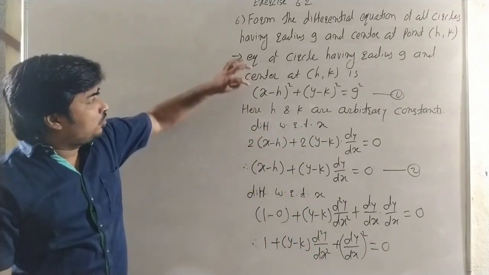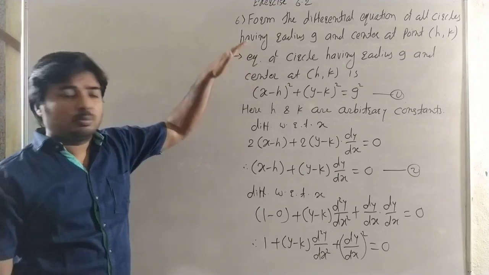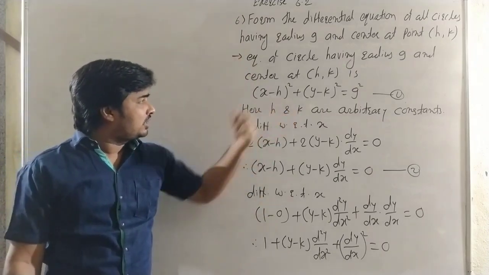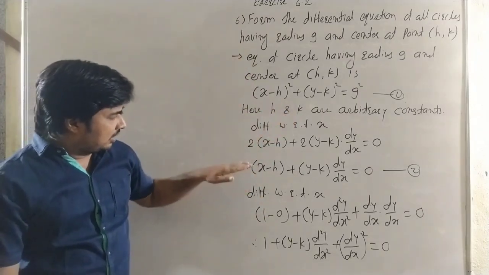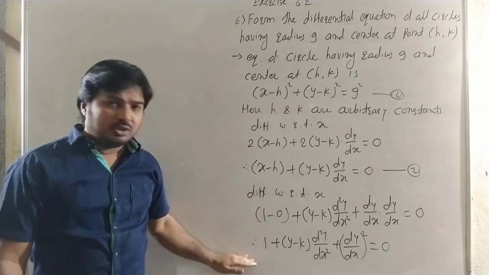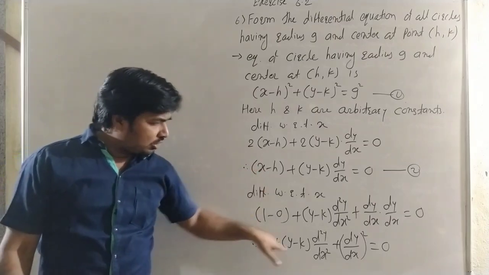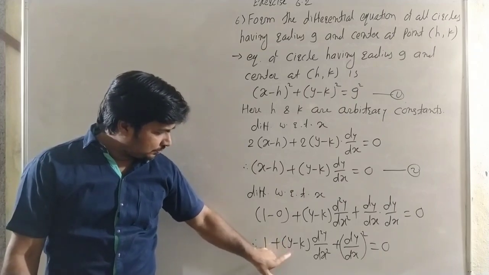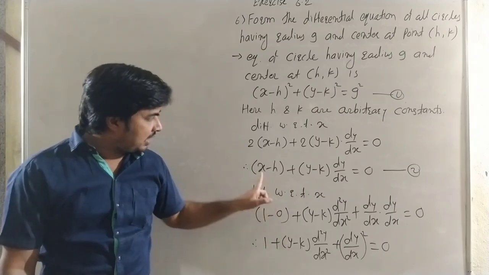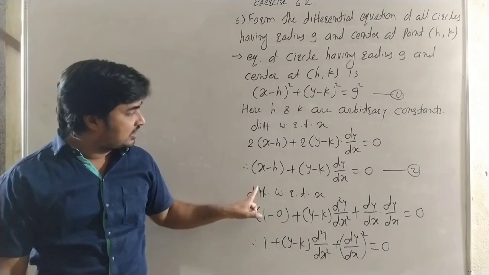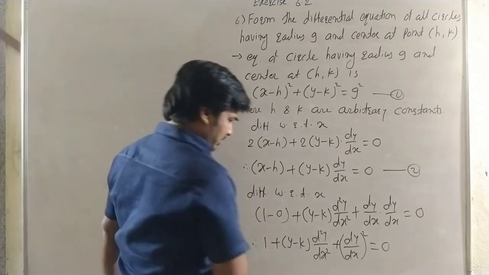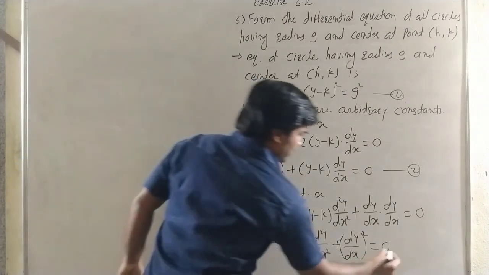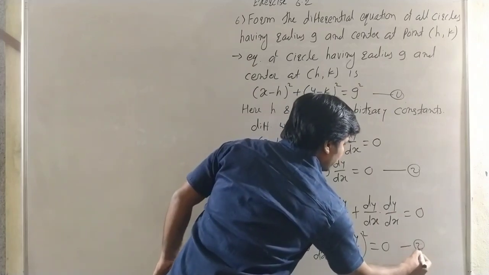Now we want to find the differential equation by eliminating the arbitrary constants h and k. Here it is the first derivative and the second derivative, but h and k are not removed. Therefore, find the values of y − k and x − h from both equations. Here we take equation number 2 and equation number 3.